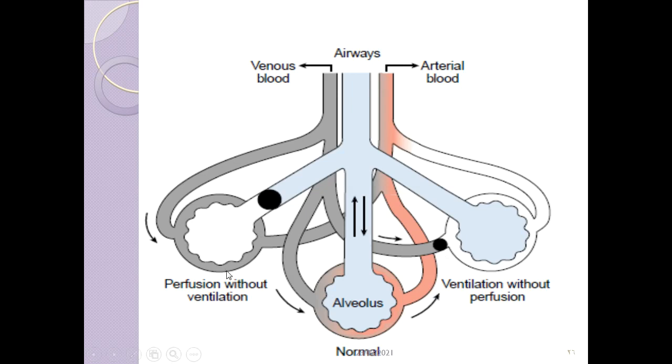And on the other hand, in this alveoli, there is a normal perfusion of blood, but there is a closure to the ventilation. So the result will be abnormal respiratory function. The normal respiration requires a normal ventilation and a good perfusion.